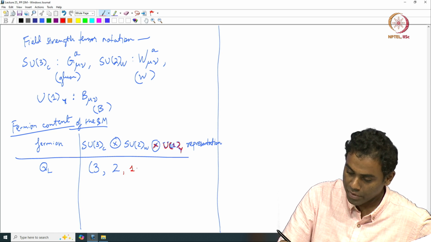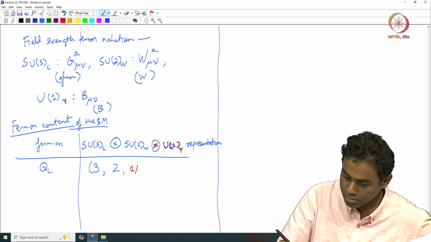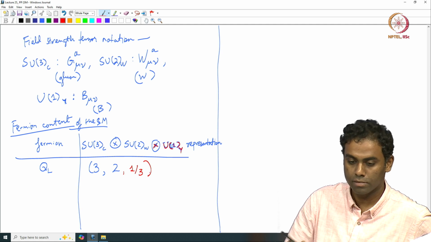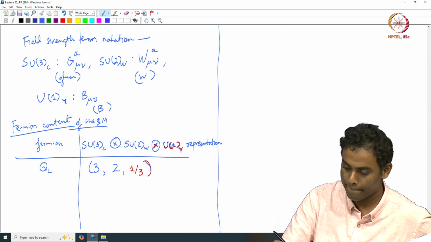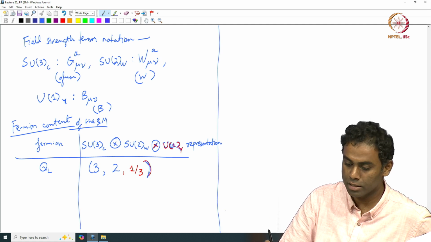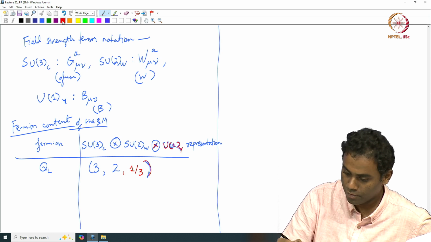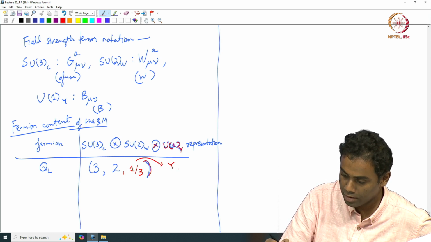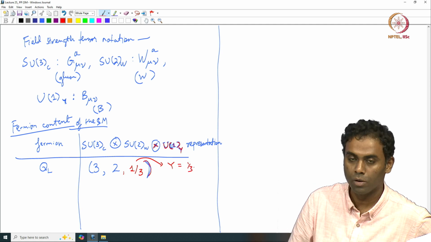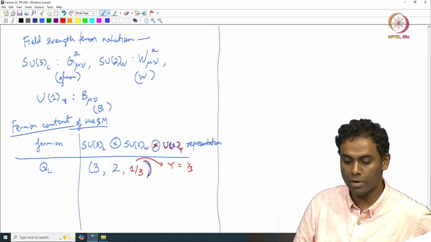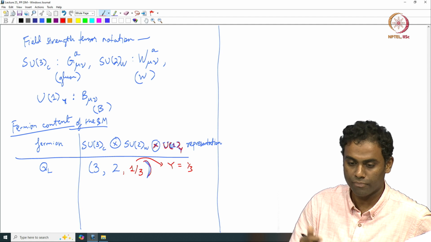Because this is not a representation, this is just the charge actually. That's just the hypercharge. Only in this instance I'm going to write the value of Y, which is the hypercharge, which is also just like electromagnetism, a charge under local transformations, local phase rotations.